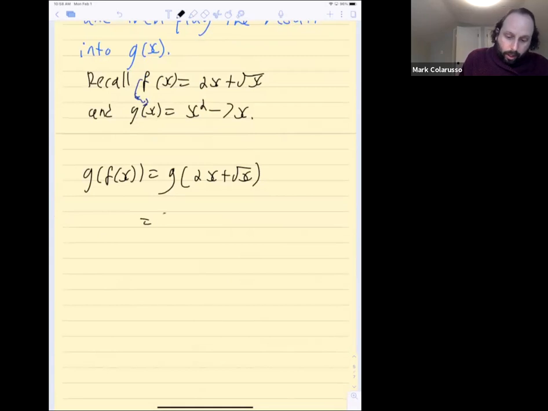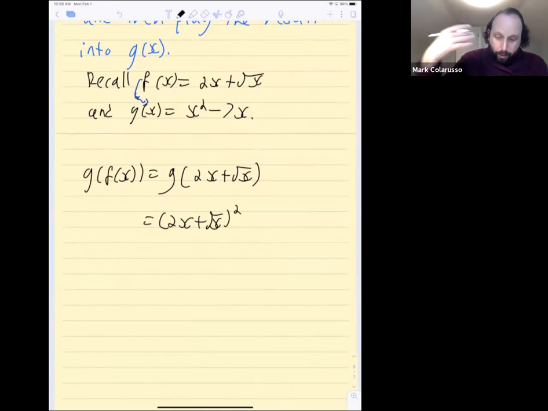So this is, again, a bit of a mess. So it's 2x plus root x all squared minus 7 times 2x plus root x.